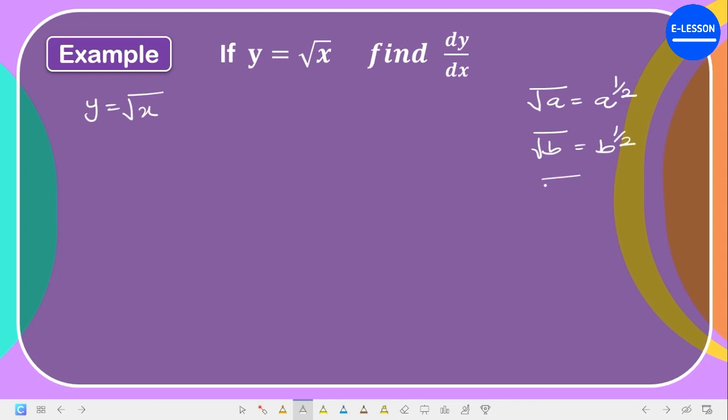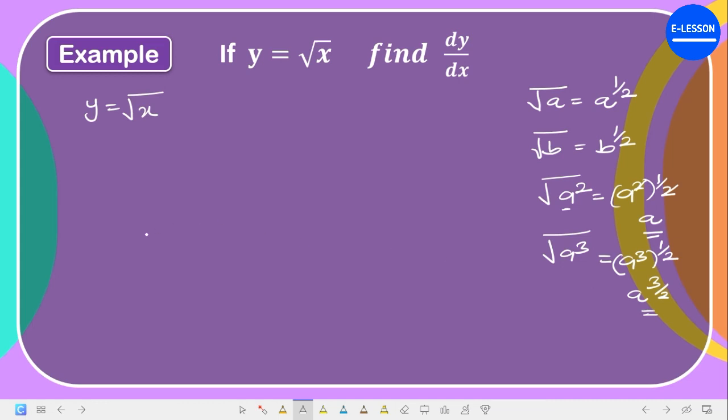If you have the square root of a squared, this equals a squared raised to the power of half. Of course, the 2 cancels the half, and this gives us a. That is why the square root of anything squared is the same thing as that value. So if we have the square root of a raised to the power of 3, this would be a raised to the power of 3, then bracket raised to the power of half. This will be a raised to the power of 3 over 2.